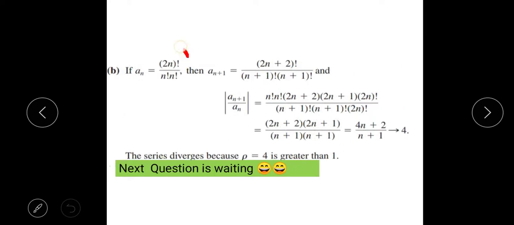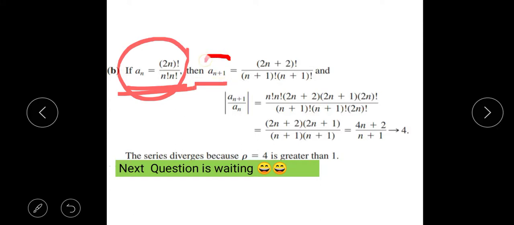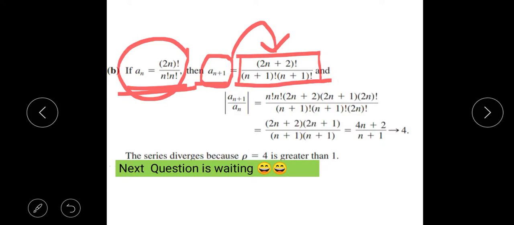Okay, in the series you can see that the term an is equal to factorial 2n upon factorial n multiplied by factorial n, and if you replace n by n plus 1 to get the expression of an plus 1, you will get simply this. Now you have to calculate the modulus of an plus 1 upon an.